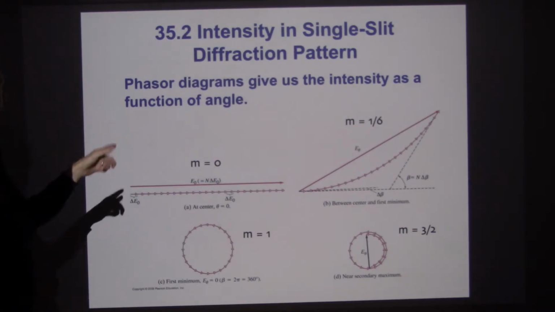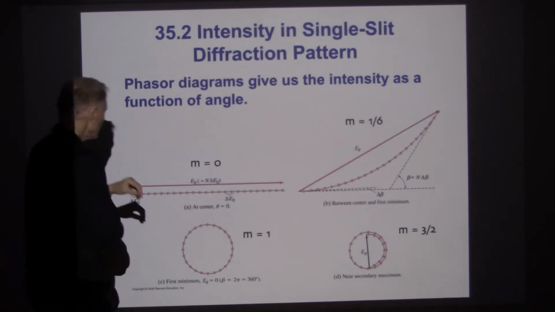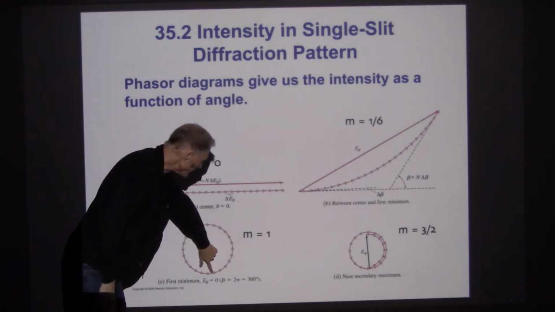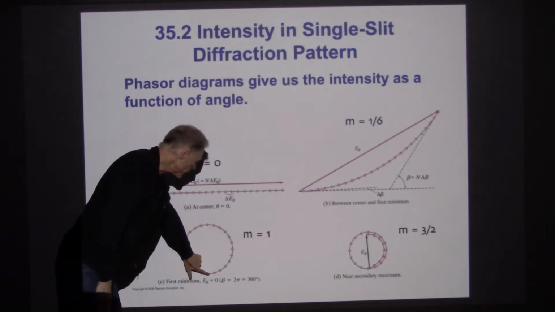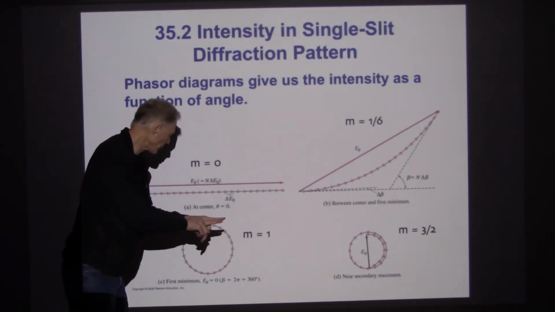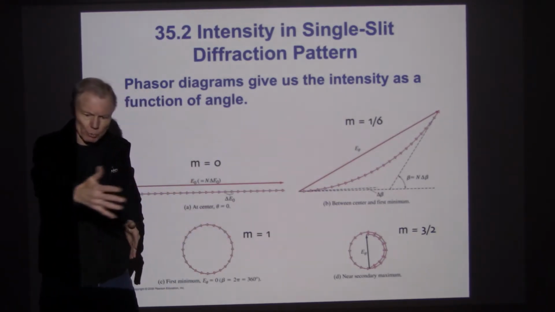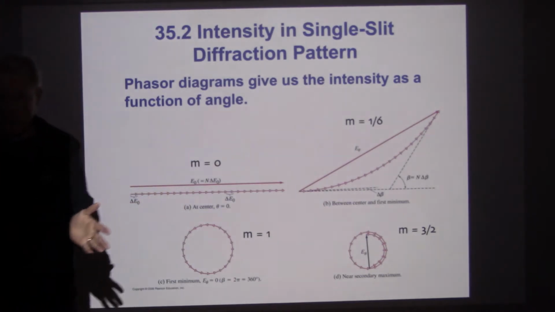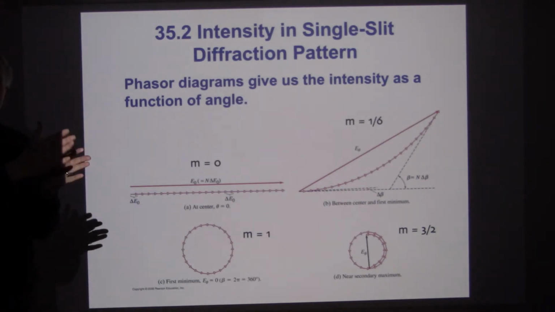Now I'm hoping with these phasor diagrams, if you stop and think about what they're representing, what this is saying is if the ones at the edge are exactly one cycle out of phase with each other, that means that between those two paths, that continuous region where the phase is changing continuously, is going to exactly cancel out, because I have every possible intermediate phase there.